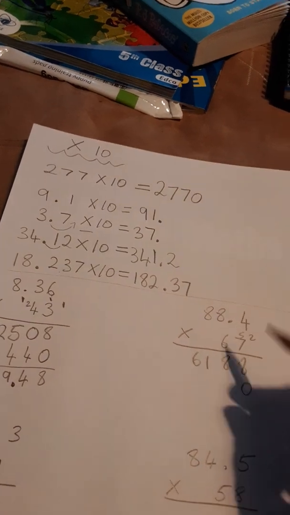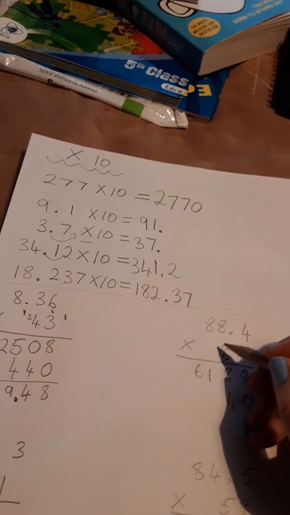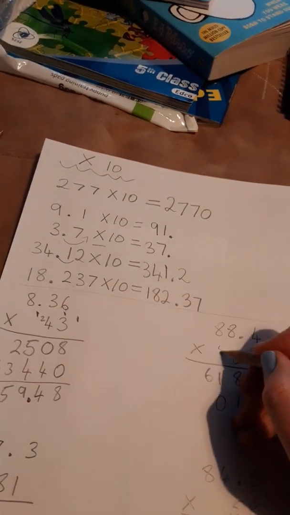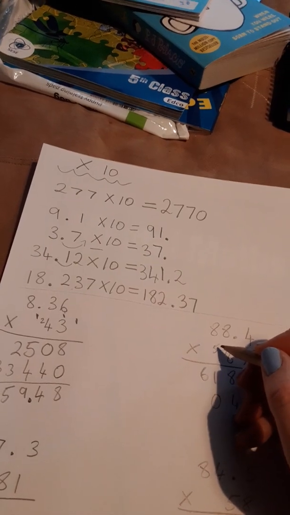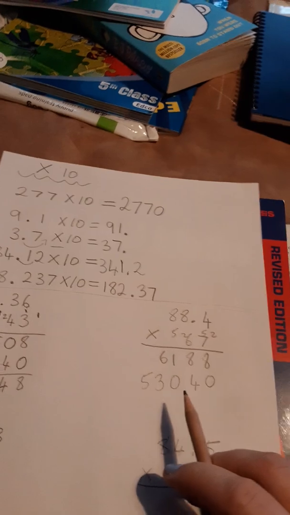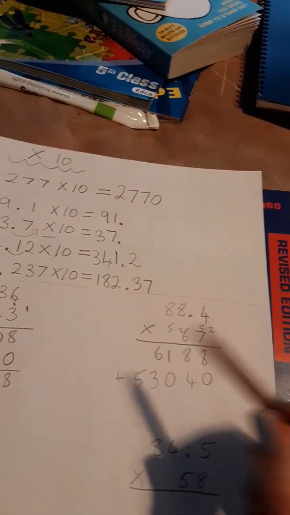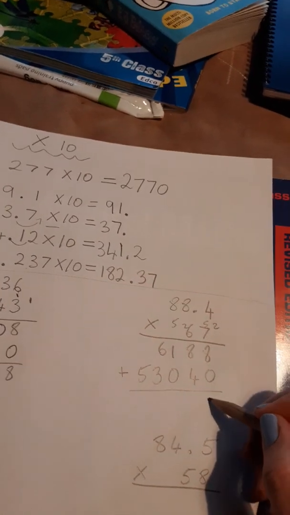Put down your naught for multiplication. 4 sixes is 24. 6 eights is 48 plus 2 is 50. 6 eights is 48 plus 5 is 53. Again, it's a multiplication. You must add it at the end. Long multiplication.